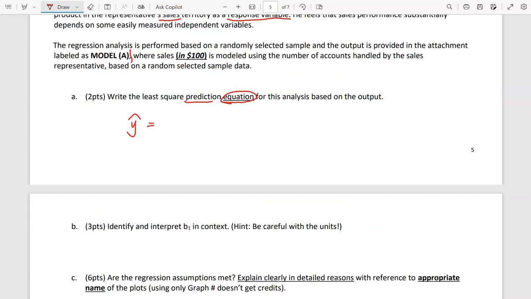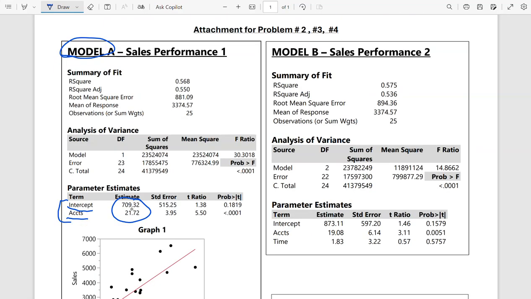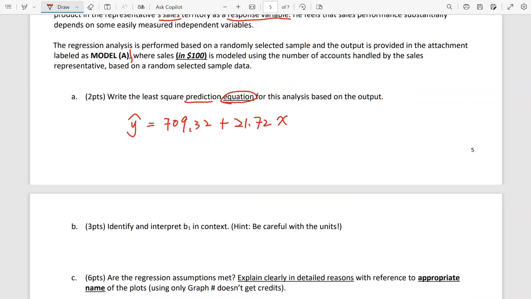So that will be y hat equals the intercept plus b1 times x, right? Intercept and the b1 times x. So what is the x? X is the number of accounts, right?